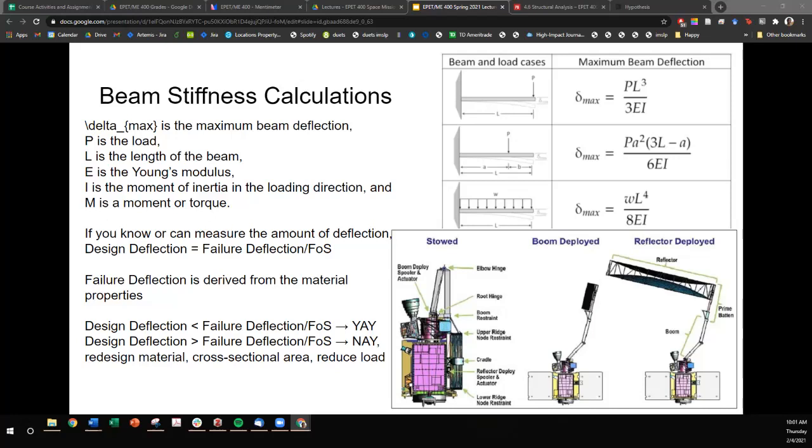So then you can find failure deflection. If your design deflection is less than your failure deflection over factor of safety, then yay. If it's greater, then gotta redesign. Maybe reduce that load by having a smaller antenna, or beef up that boom's cross-sectional area, or make it out of titanium.